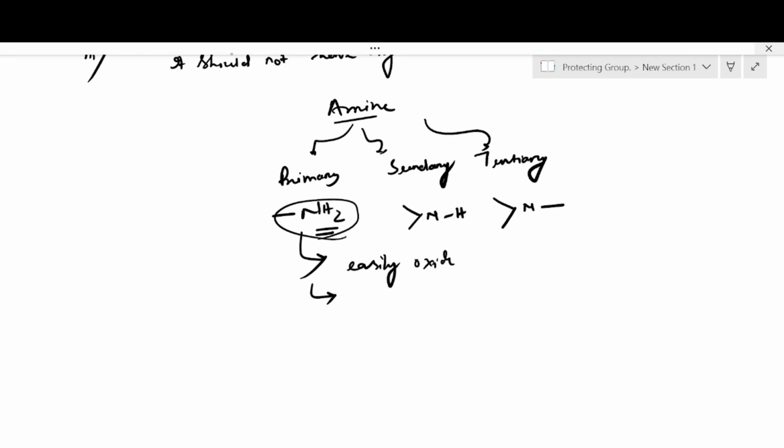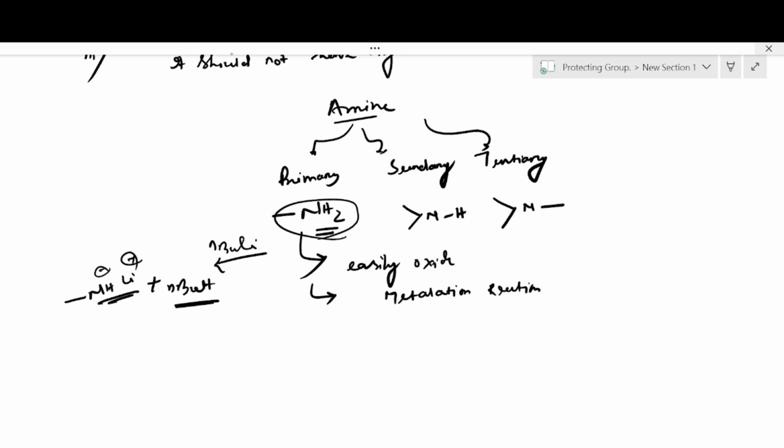It can take part in a metallation reaction. What do you mean by a metallation reaction? If we add n-butyl lithium to this amine, what will happen? It will form a metallated product plus butane.